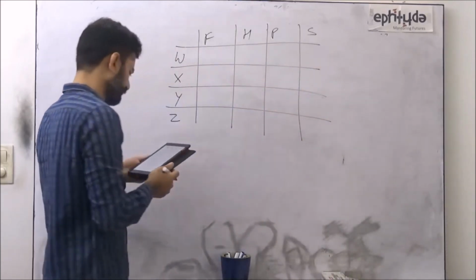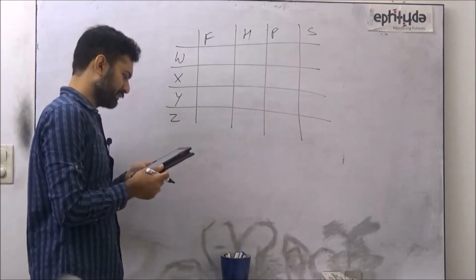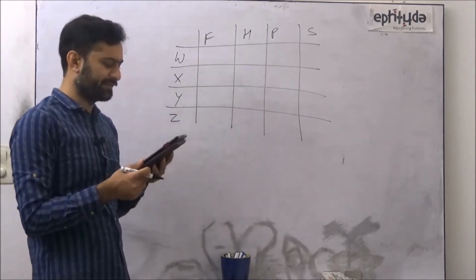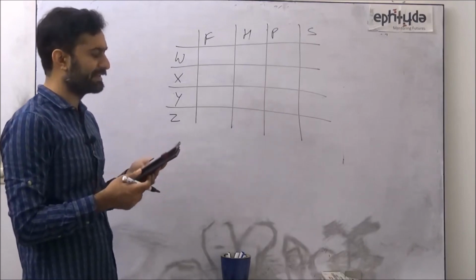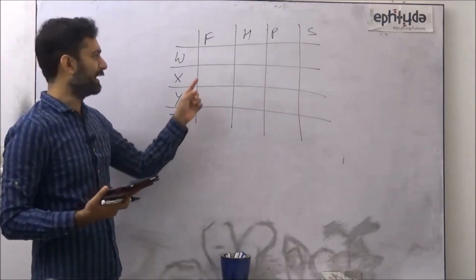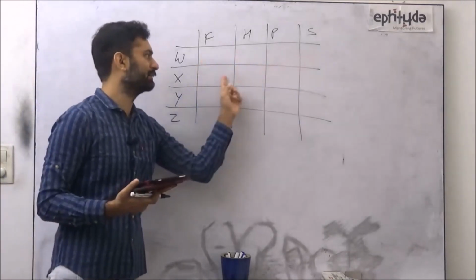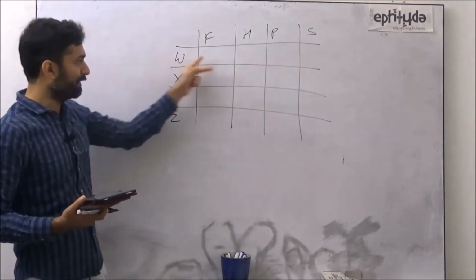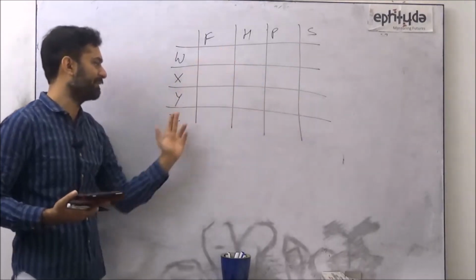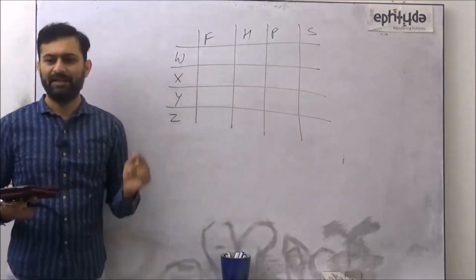The researcher knows the following to be true of the medicine side effects. Each medicine has at least one side effect. So what does this mean? This means that I need to have at least one tick. W will have at least one tick, X will have at least one tick, Y will have at least one side effect, Z will have at least one side effect.